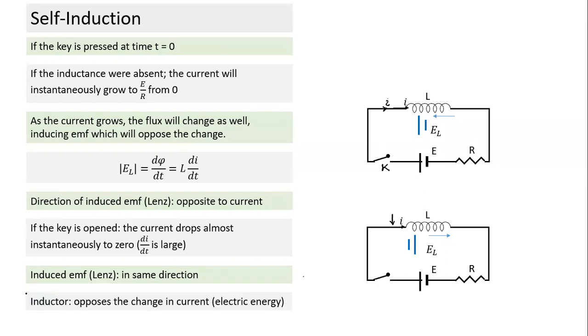So, in summary, the inductor opposes the change in current. It acts like an electric inertia, something like mass. What does mass tend to do? Mass opposes change in velocity. It doesn't allow velocity to change suddenly.